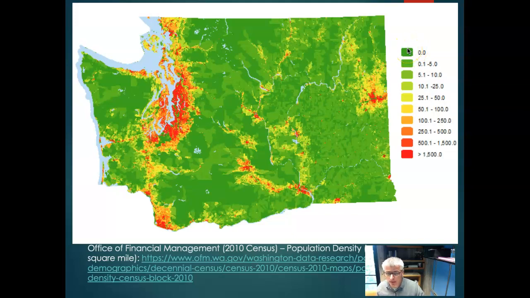I'm colorblind, so it's green to red, red being higher density populations, which mimics what we saw on the prior maps: the broader Seattle I-5 corridor, higher densities up here in Bellingham, lower densities in many parts of the state, and high densities out here in Spokane. So it's another way of looking at the density of people within Washington.